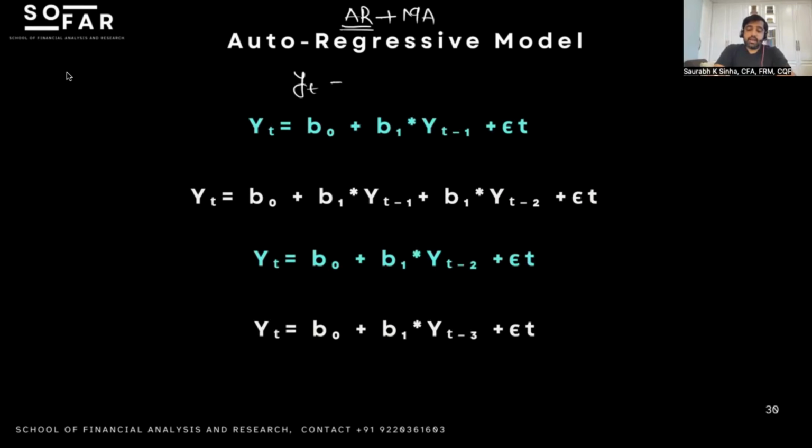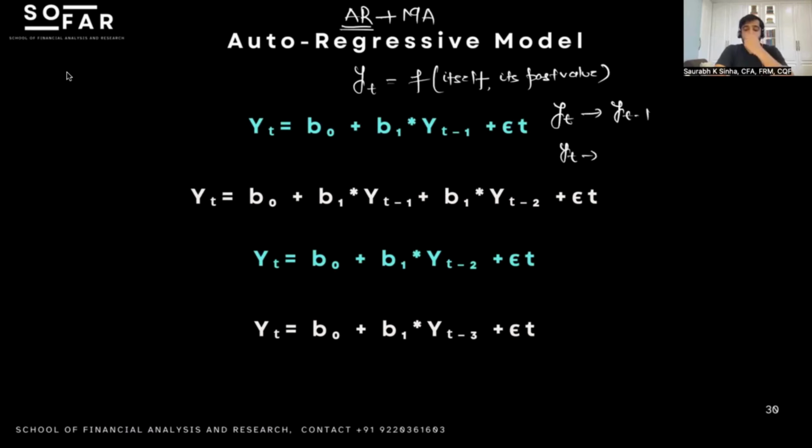That Yt is dependent upon, or is a function of, itself or its past value. Basically, Yt is dependent upon Yt minus 1, or Yt could be dependent upon Yt minus 1 and Yt minus 2, or Yt can be dependent upon Yt minus 1, Yt minus 2, Yt minus 3, or just Yt minus 2.